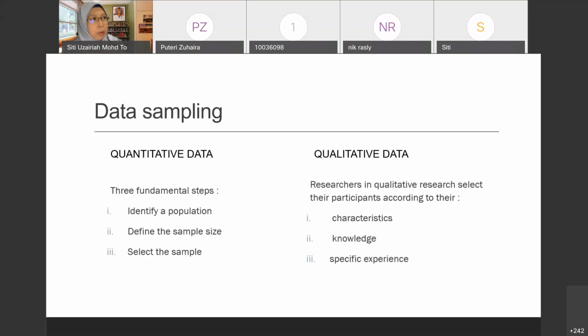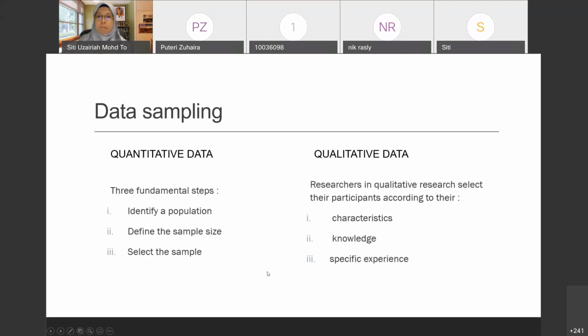Why do you need to clarify all this information? Because the robustness of your data depends on the richness of your participants. If you specify your selection of sample enough, either quality or quantity, it will give richness to your data. So therefore, your result will become more robust.